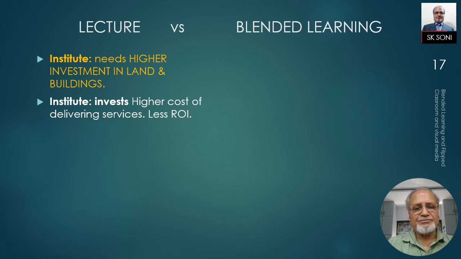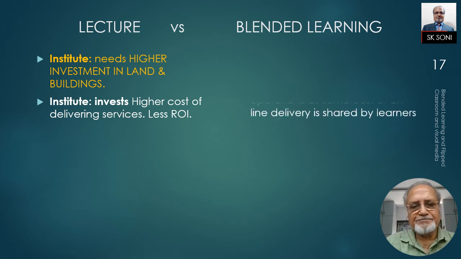We are comparing from the institute point of view the lecture method and blended learning. Institute needs higher cost of delivering services. It needs higher investment in land and building so that an adequate number of classrooms and laboratory rooms can be built.